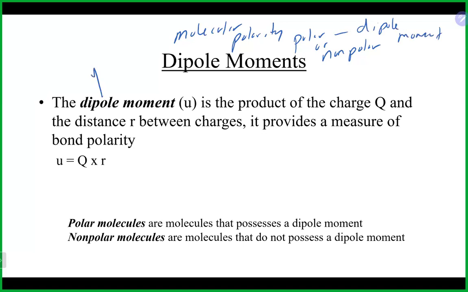Oddly, the dipole moment is the same arrow that we use for bond dipoles, where it points to the more negative side of the molecule, and this is the more positive side of the molecule. So we use that same sort of arrow to indicate dipole moments. Only polar molecules will have dipole moments. Again, nonpolar molecules will not.